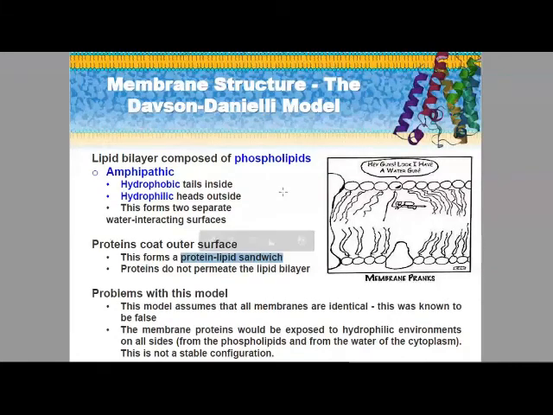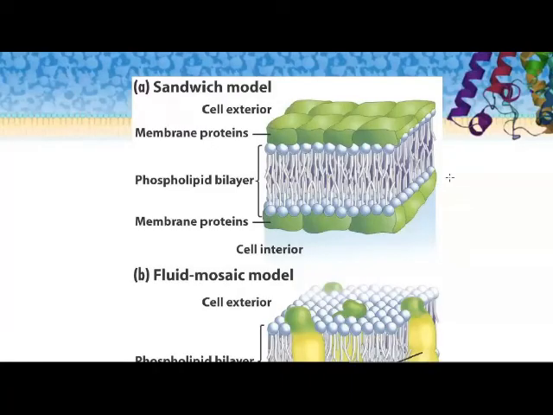because if we take a look at the Davson and Danielli model for the plasma membrane, it consists of a phospholipid bilayer with this configuration, and it has an outer coat made of proteins, this green layer on both sides. And we said that on both sides of the plasma membrane, the inner and the outer environment are mostly composed of water. That is a polar molecule.